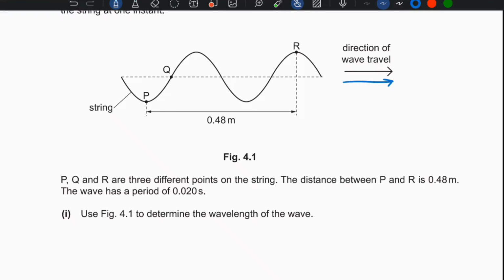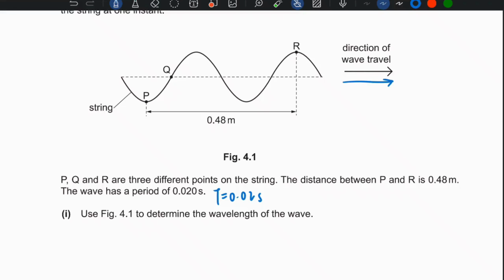The wave has a period of 0.02 seconds. So that means T equals 0.02 seconds. That means it takes 0.02 seconds to complete one cycle or one full wavelength. So use figure 4.1 to determine the wavelength of the wave.